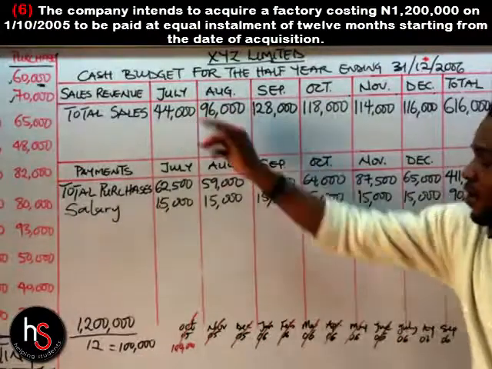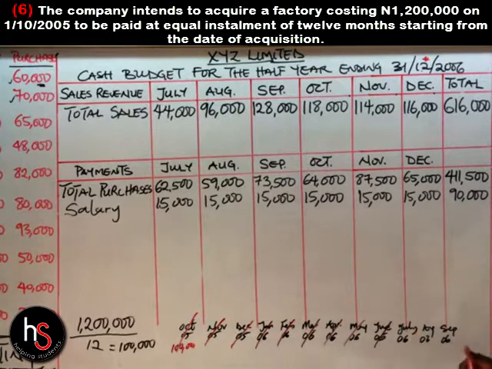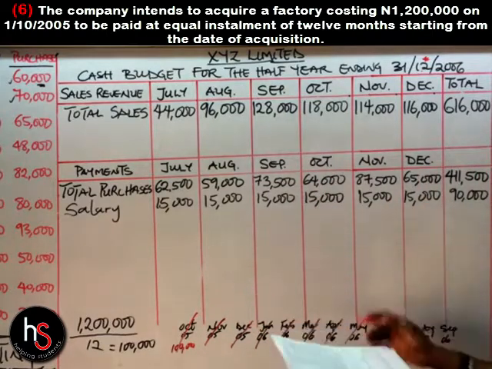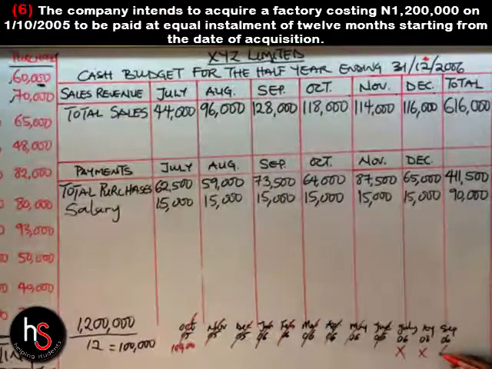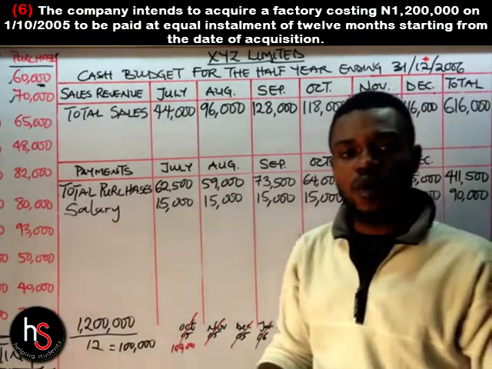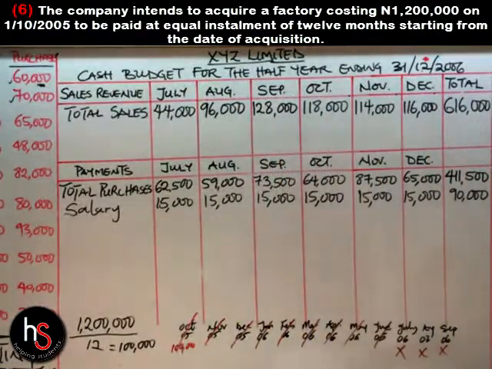Now, July 2006 is exactly the transaction which we are recording now. So it simply means they have not paid in July, August, or September. Since the question told us that it is made in equal installments, it simply means that in this year, 2006, these payments were carried out.